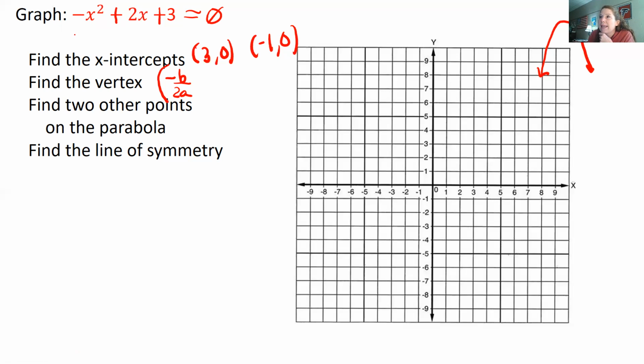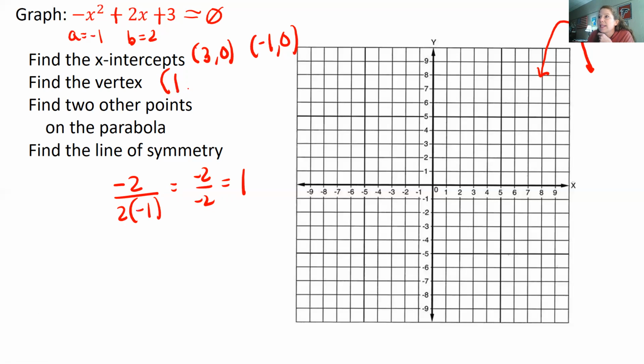So our a is -1 and our b is +2. So the opposite of b is -2, over 2 times a, and a is -1. So we get -2 divided by -2, which is equal to +1. So our vertex's x value is +1.